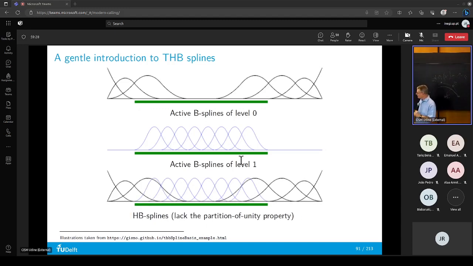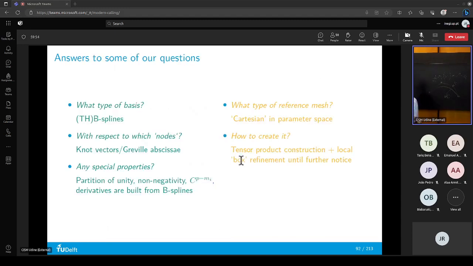The difference between HB, hierarchical B-splines, and truncated ones is that those basis functions from the coarser spline space that destroy the partition of unity are adjusted. Formula-wise, it's a little bit more involved, but that's basically what one does. So it's a way to do local mesh or local basis refinement.